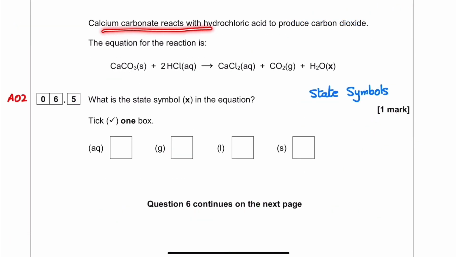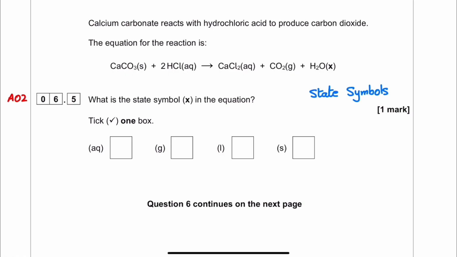Calcium carbonate reacts with hydrochloric acid to produce carbon dioxide. The equation is given here. Calcium carbonate reacts with hydrochloric acid. It makes calcium chloride, carbon dioxide, and water. 6.5 is an AO2 question, and this question is from the topic of state symbols.